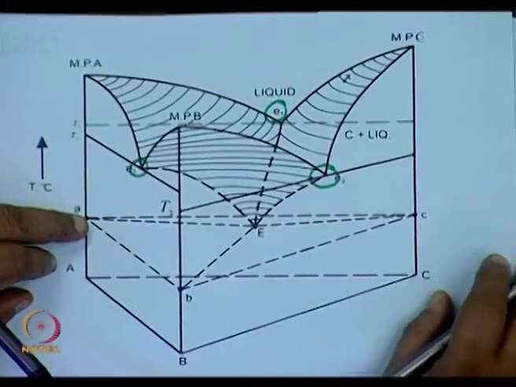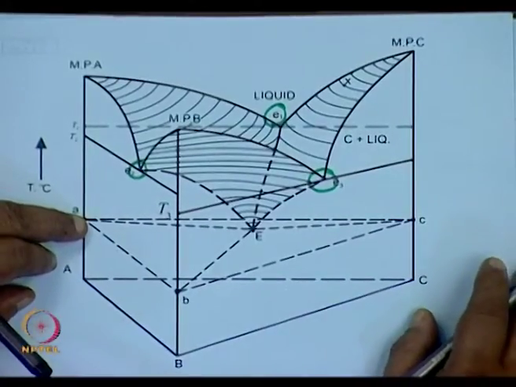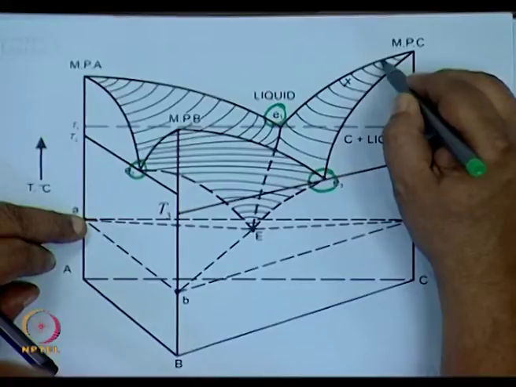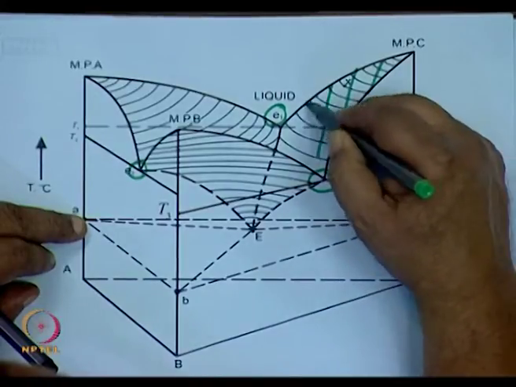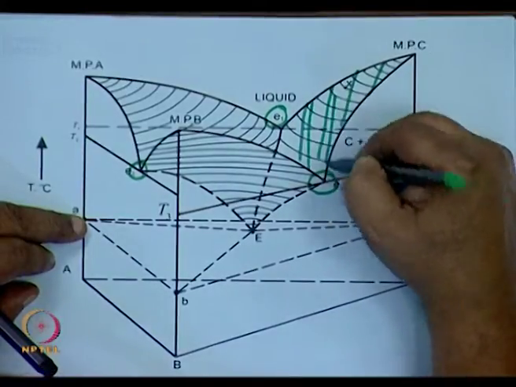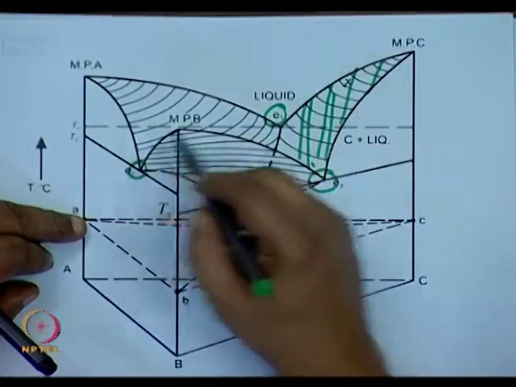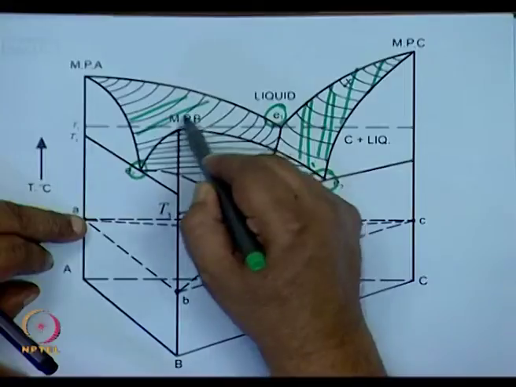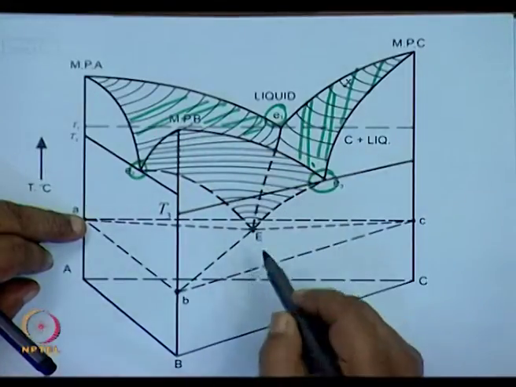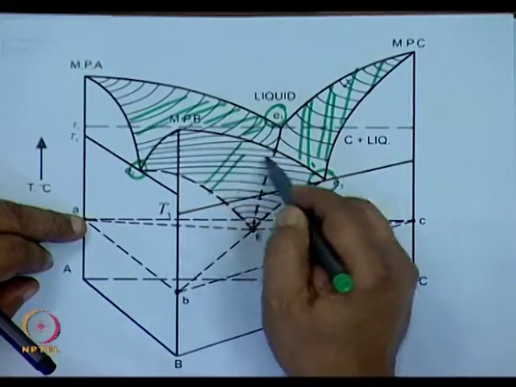So what we now have, on a three-phase diagram, is this plane. This is one eutectic plane. This is the second eutectic plane, while this one is the third.